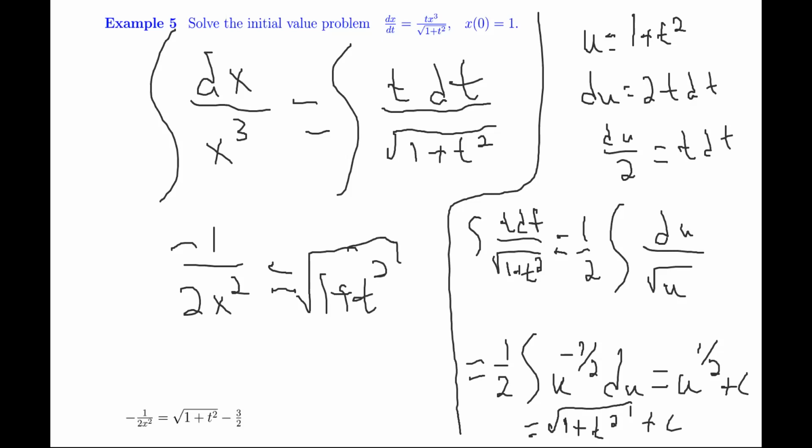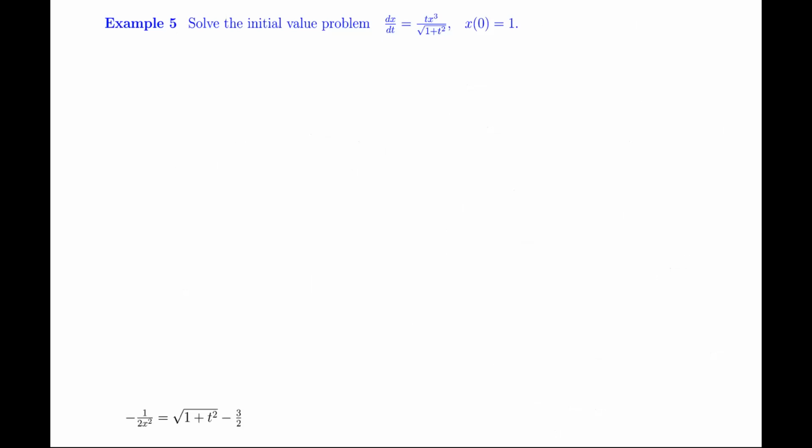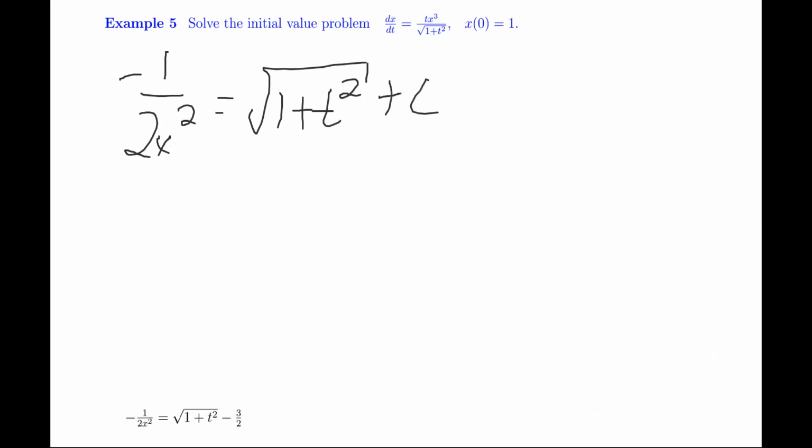Okay, now I'm going to erase this page and rewrite this statement here. So we had negative 1 over 2x squared is equal to the square root of 1 plus t squared plus some constant c. And now that we have found our general solution to this differential equation, we need to solve the initial value problem.